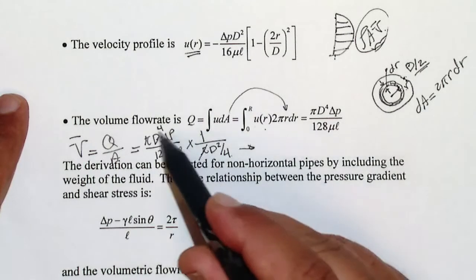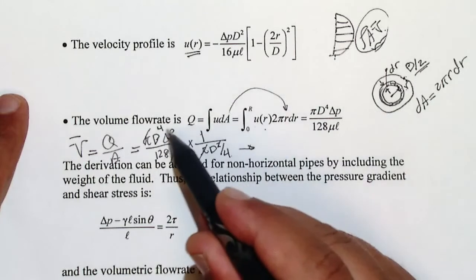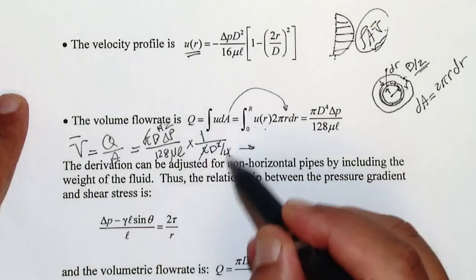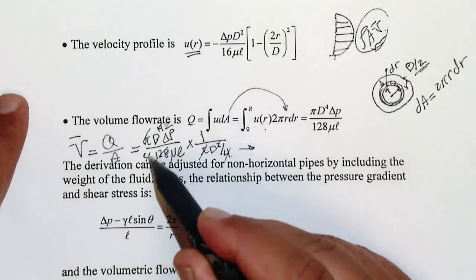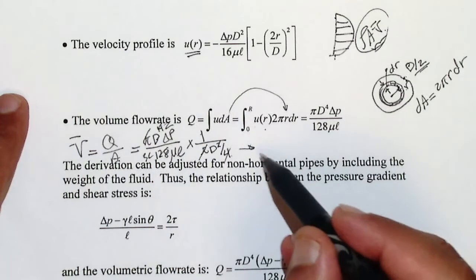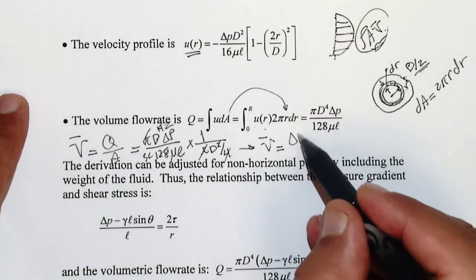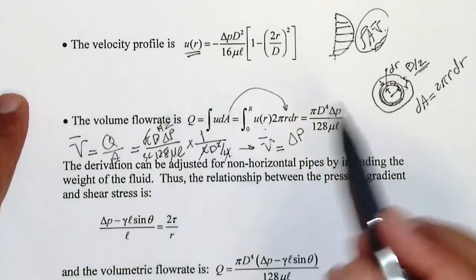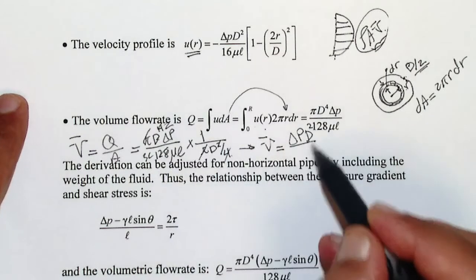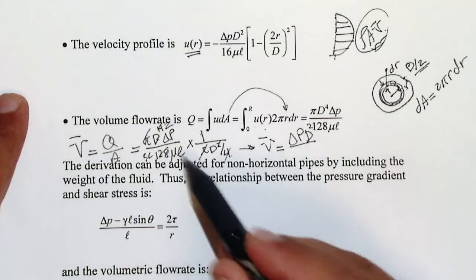Also we can get rid of the pi. Finally you will have V bar equal to delta P, and you have D squared here because of that, over 32 mu L.